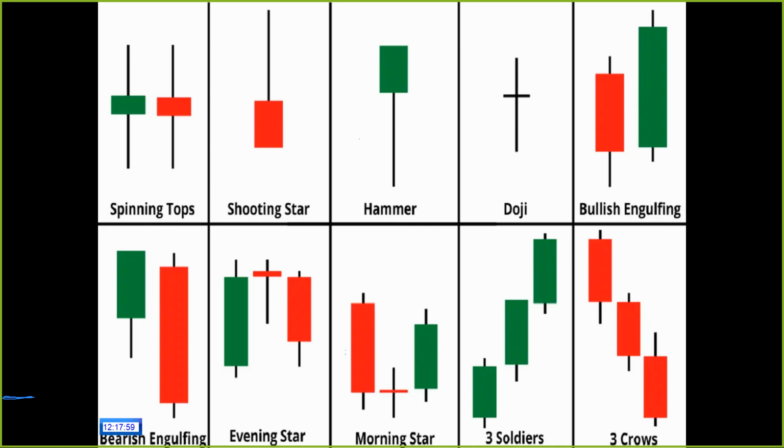So if you're patient with me and you walk with me through it, you should come out on the other side confident in your ability to read price action and come up with what's likely to happen next in the market.